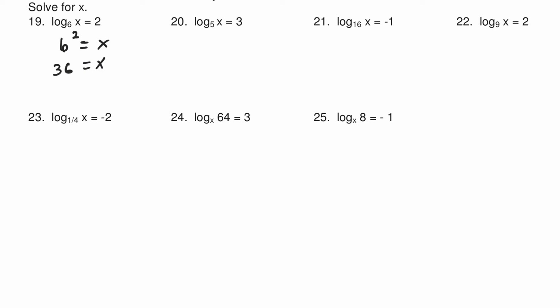Number 20, we have 5 to the power 3 gives you x. 5 times 5 is 25. 25 times 5 gives you 125. 21, we have 16 raised to the -1 is equal to x. That -1 means that we're going to make it into a fraction. 1 over 16 equals x.